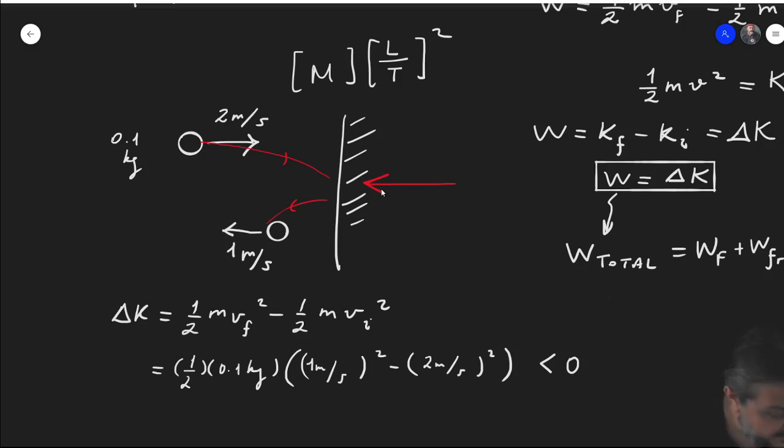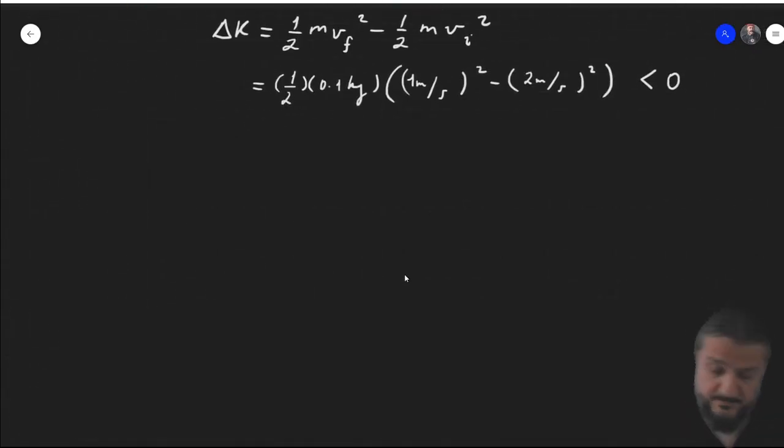So 23. So this was 22. Let's do 23. Jim rides his skateboard down a ramp that is in the shape of a quarter circle with radius of 5 meters.